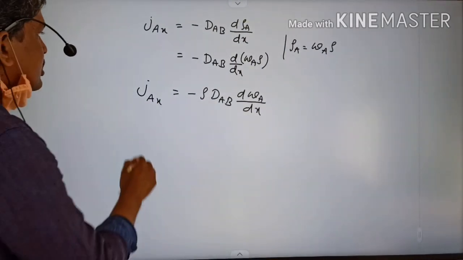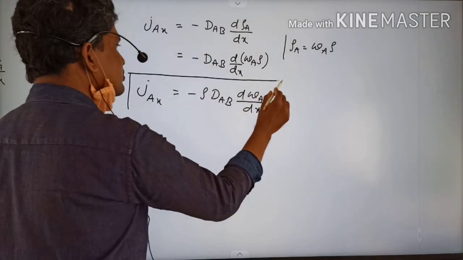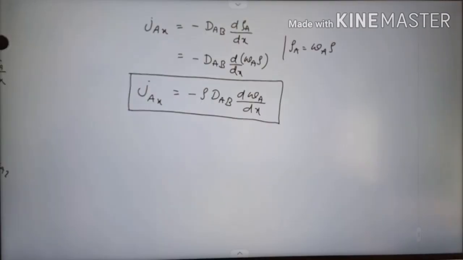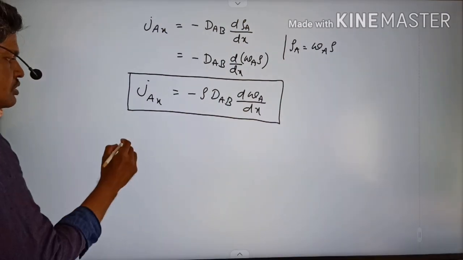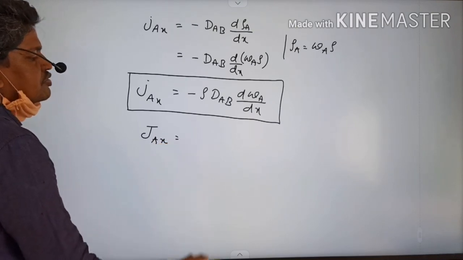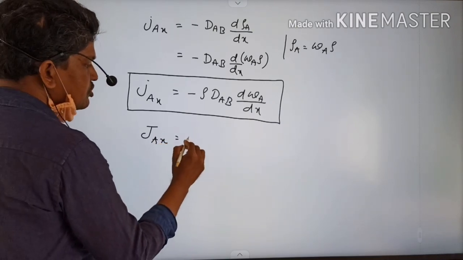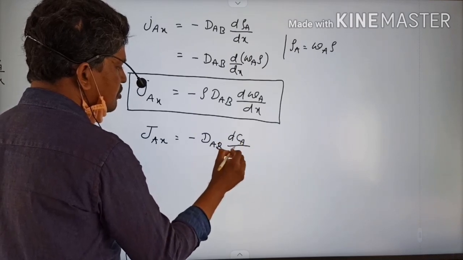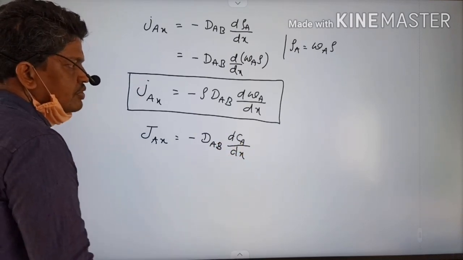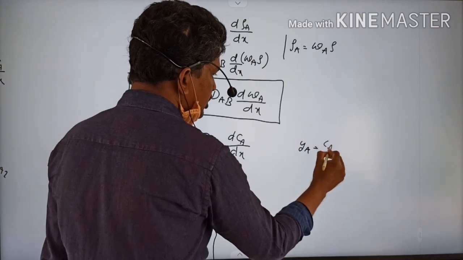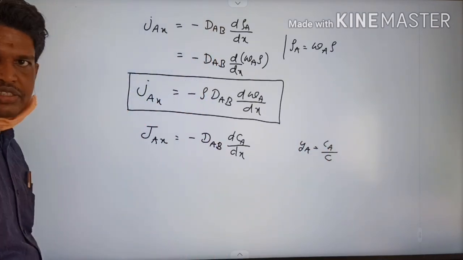Similarly, we can express it in terms of mole also. We have the molar diffusion flux Jx equal to minus DAB into dCA by dx. And we know that YA is equal to CA by C, the mole fraction.